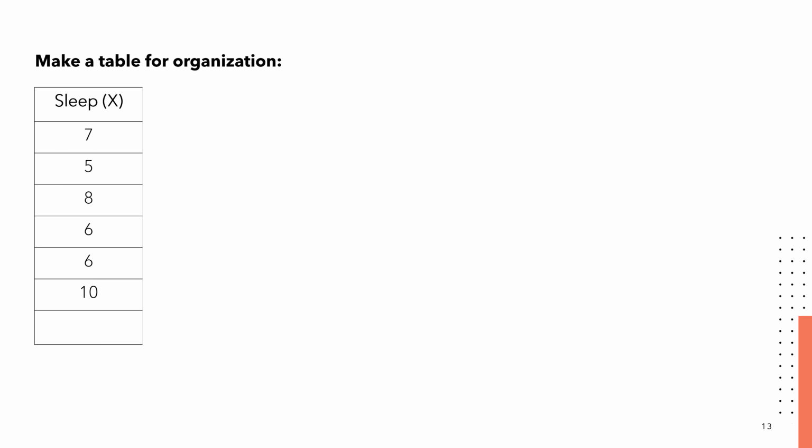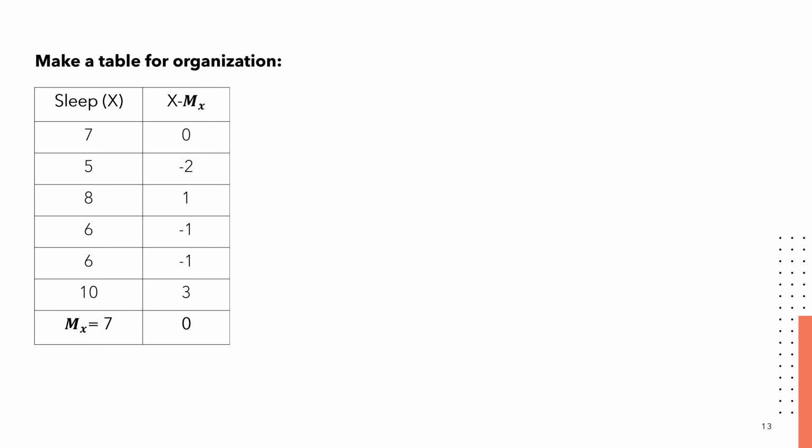We were provided a sample of 6 scores for sleep, which are shown here. Because we're just calculating and not comparing numbers in rows, the data do not need to be in numerical order. What we need to do is calculate the mean, which in this case is 7. And again, mean subscript x just means the mean of x. We then find the deviation by subtracting the mean from each score.